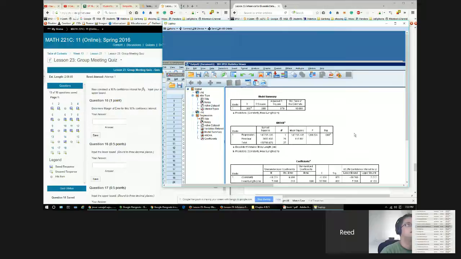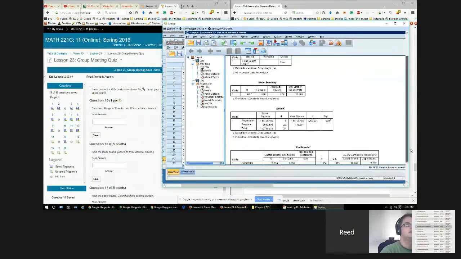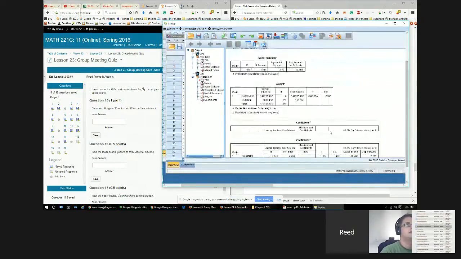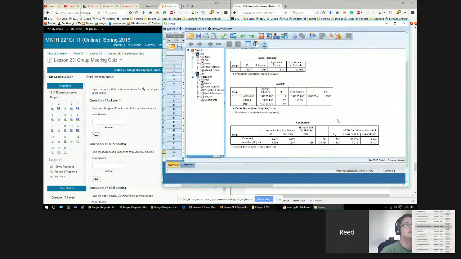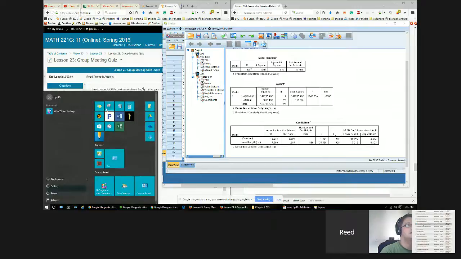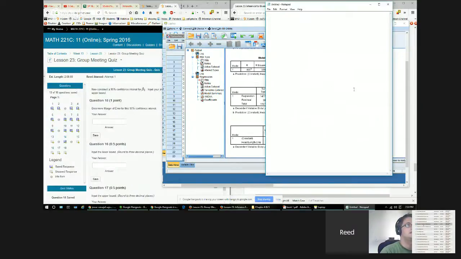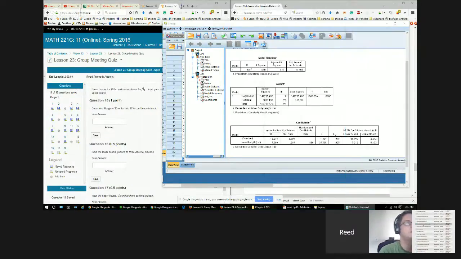Okay, I see it now. Alright, so now analyze, regression, linear, stats, confidence, okay? And then with the head length as the independent, body as dependent.